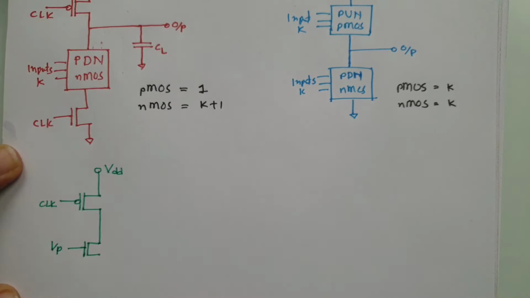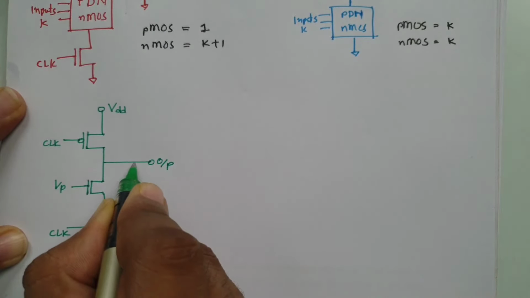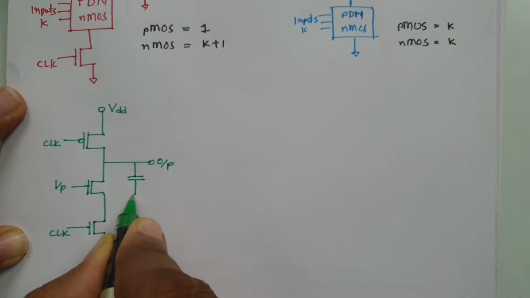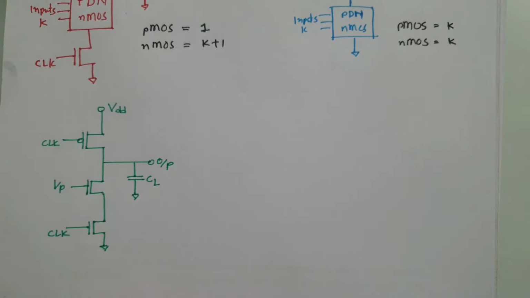After that we have the gated clock NMOS, which we connect to ground, and we take the output from this terminal, where we have the load capacitance CL. This is the basic circuit for the Dynamic CMOS inverter.